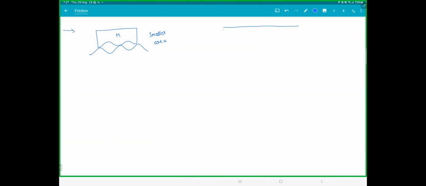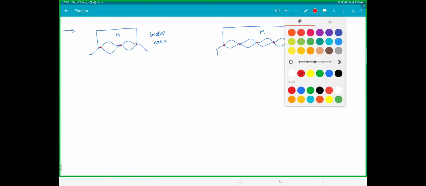If you put a bigger block, same mass. Now, if you look at here we have very few points of contact, 1, 2, maybe 3. Here you have lots of points of contact, 1, 2, 3, 4, 5.